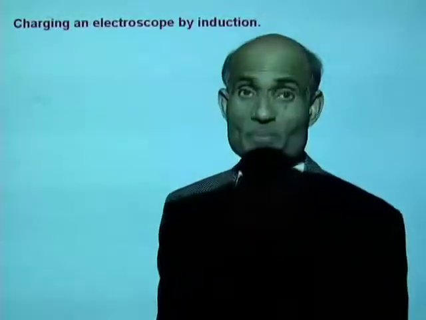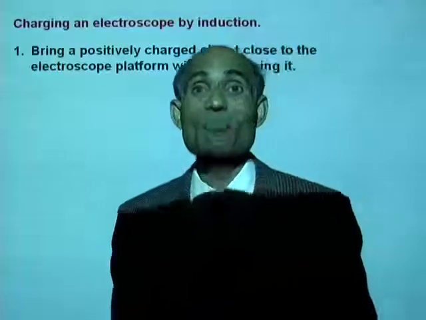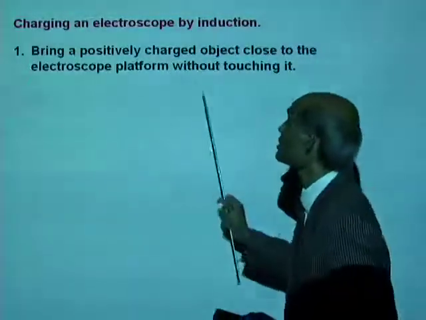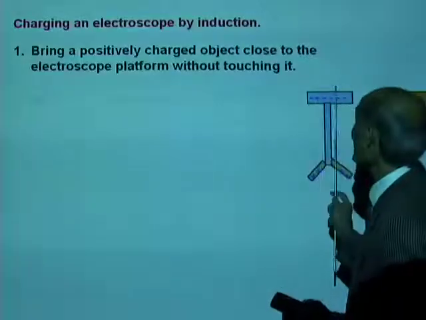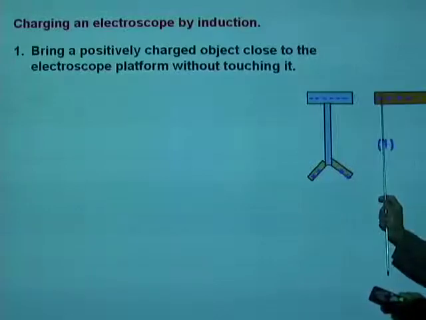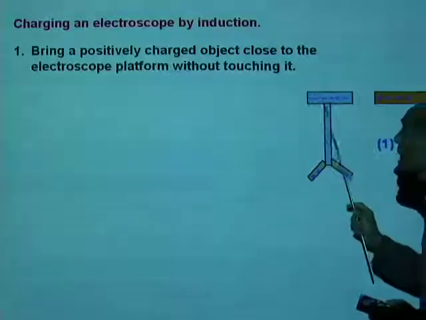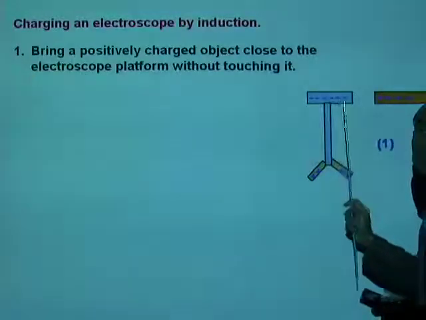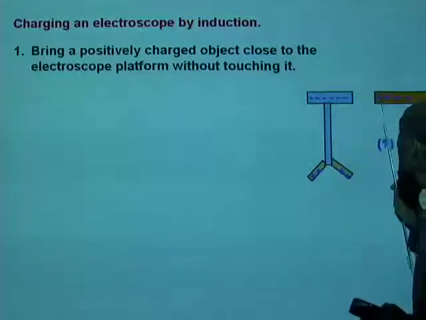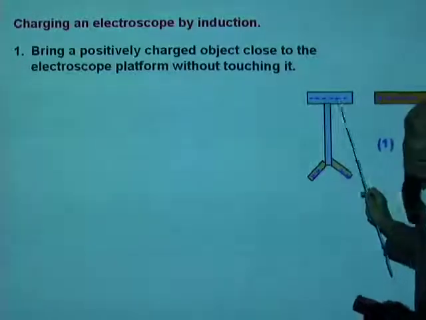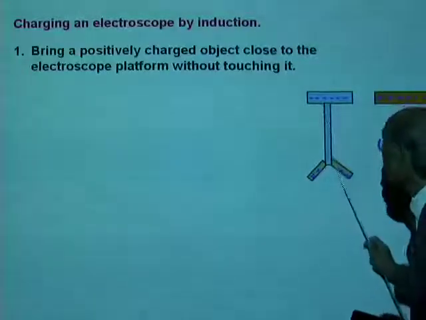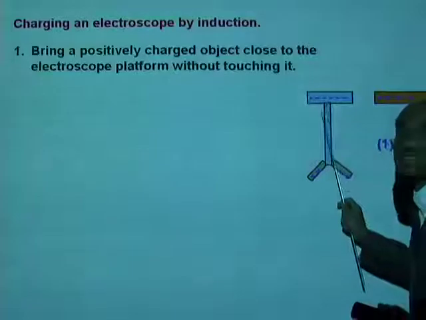Let's talk about it. Now, bring a positively charged object close to an electroscope platform. What happens? Here is a positively charged object. You bring it to the platform of an electroscope. What happens is, because of the presence of the positive charge, the negative charges from all over this conducting body.